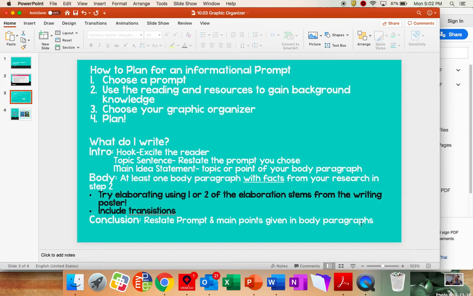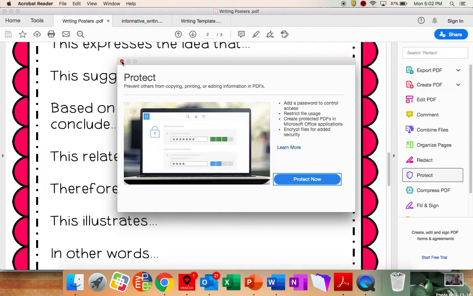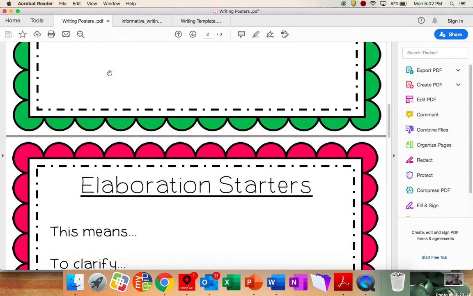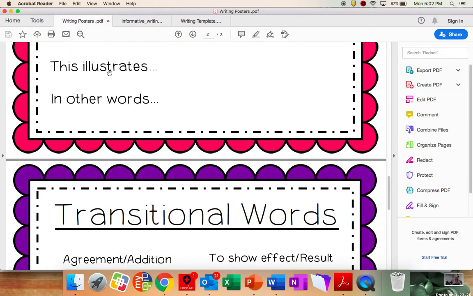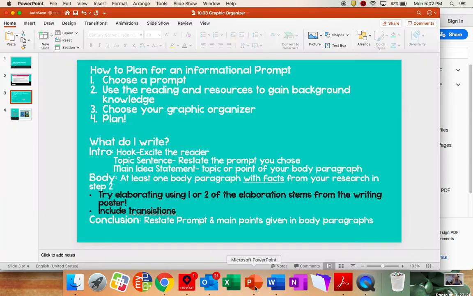So I wanted to make sure to say, the same document is going to have a list of transition words also. So make sure to use those transitions in your plan. They really make a difference in your writing, and we really love to see that.